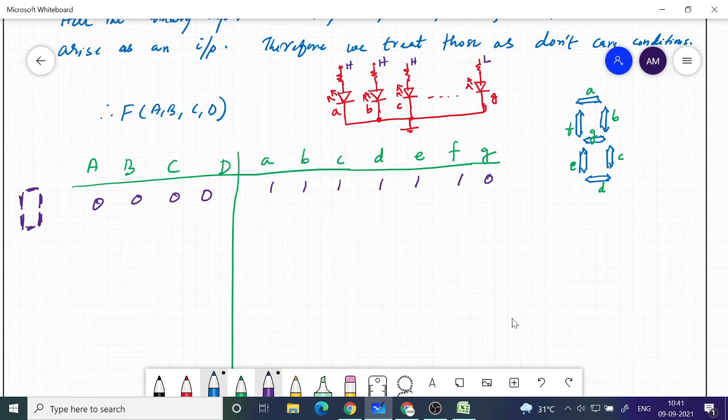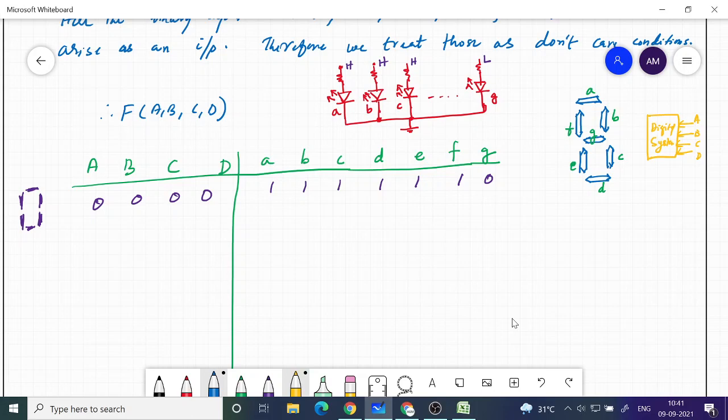Okay, you can think about it like this. Say here there is a digital system. This is a digital system that we are designing, to which we give 4 inputs, A, B, C, D, the code corresponding to 0, the code corresponding to 1, 2, 3 up to 9 we will give.